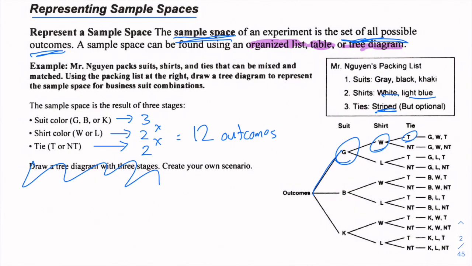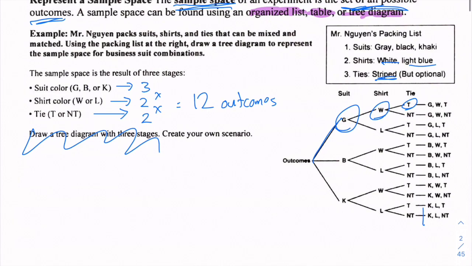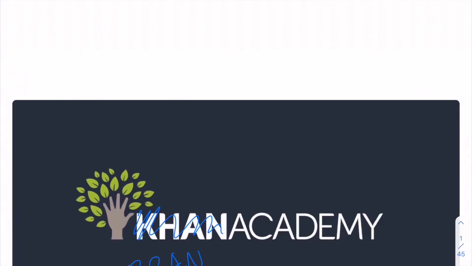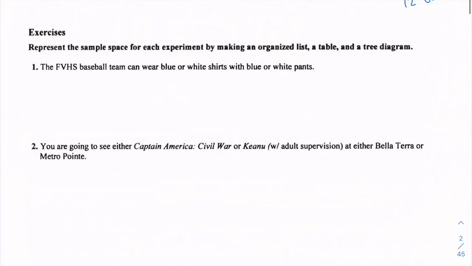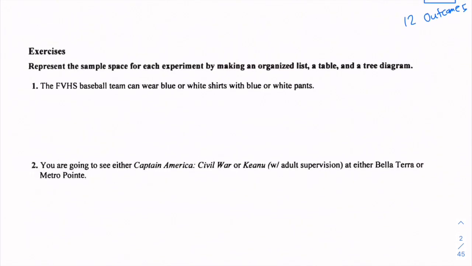Over here, these are all of my different outcomes, which ends up being 12 outcomes. So we get a little practice with smaller examples, since this tree diagram is relatively big. I'm going to do example 1 here and you guys will do number 2.